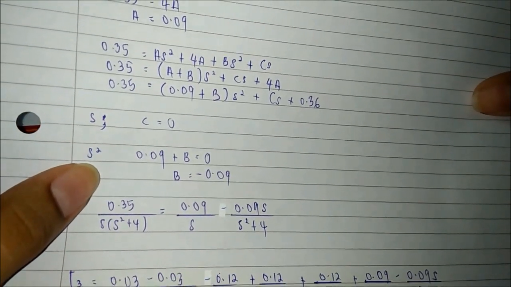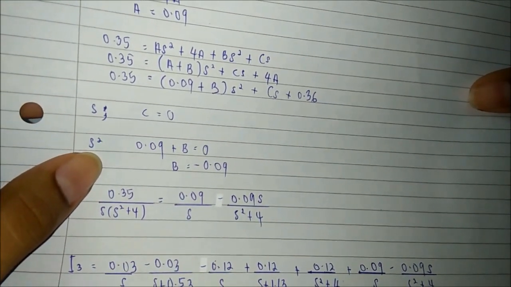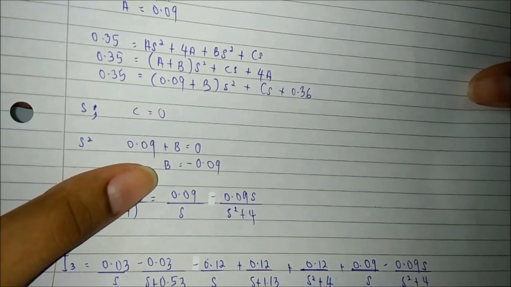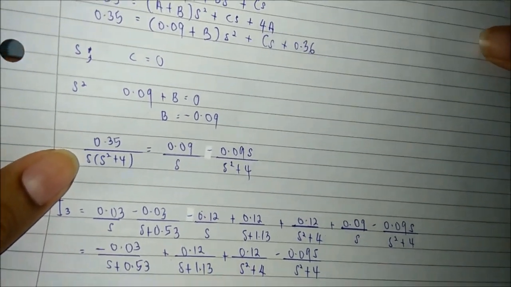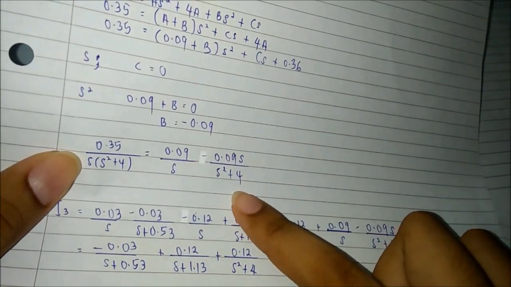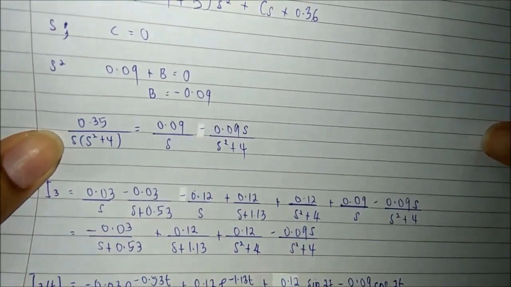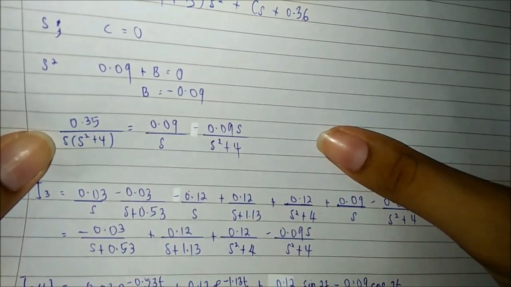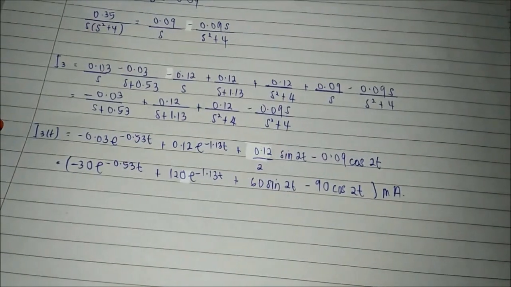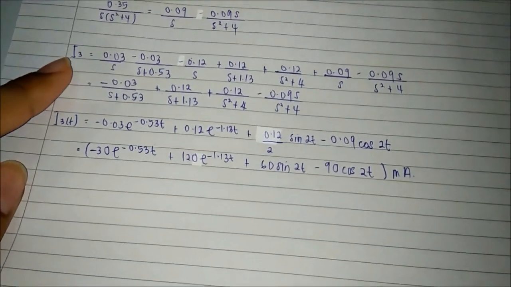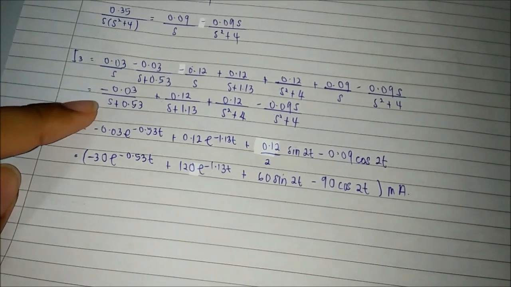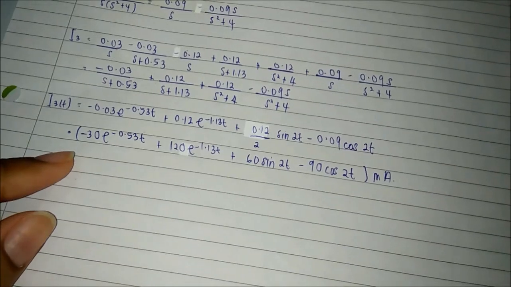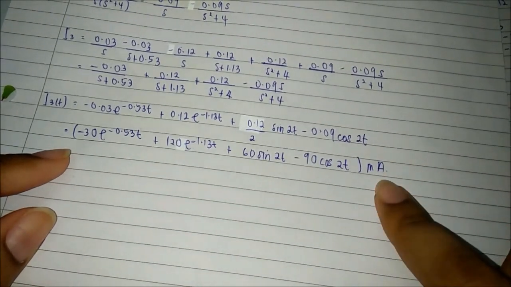For S power of 2, we get B equal to minus 0.09, and this is the final answer, 0.09 over S minus 0.09 S over S squared plus 4. After we got the answer for I3, we change the answer from Laplace domain to time domain, and this is the final answer in milliampere.